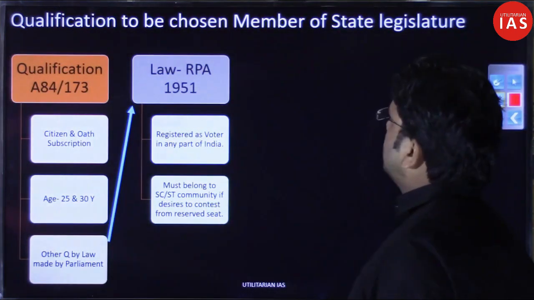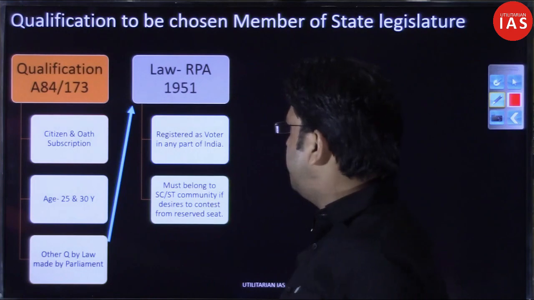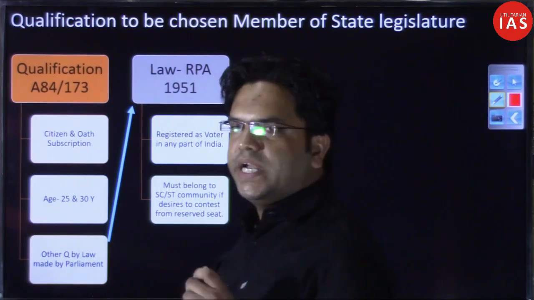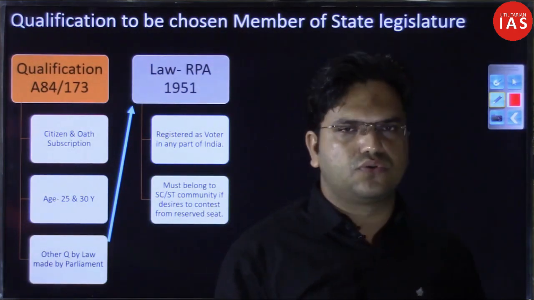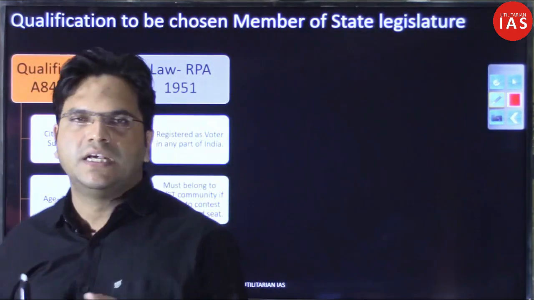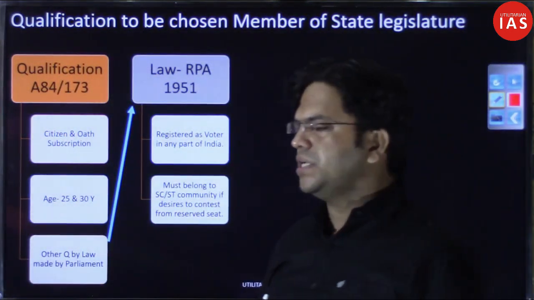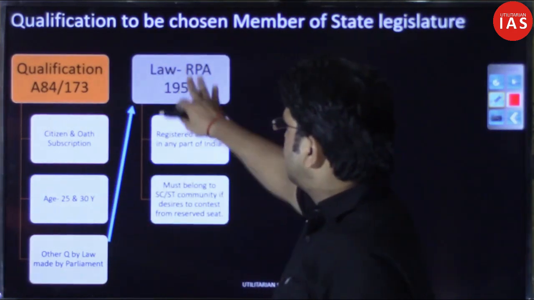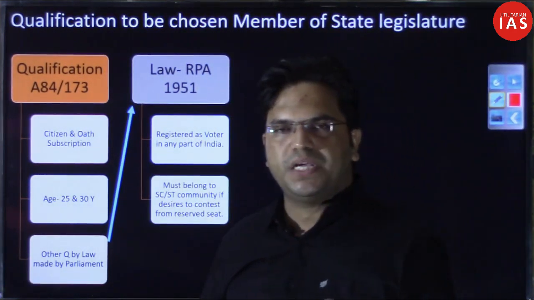As far as qualification is concerned, if any person is seeking election, if any person like you or me wants to get into an election, I'll have to file the nomination. Even to file the nomination and contest the election as an MLA, there are certain qualifications mentioned in the constitution, and certain qualifications mentioned in the Representation of People Act 1951, right.